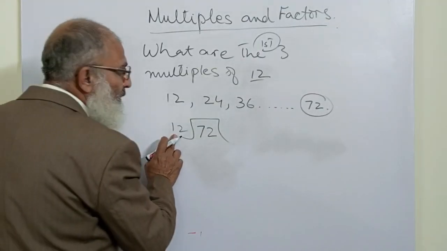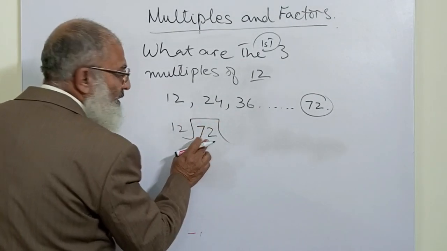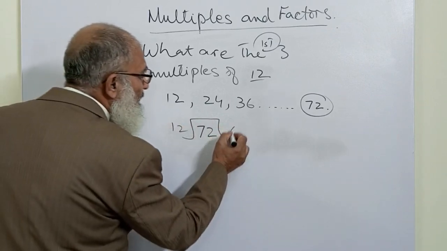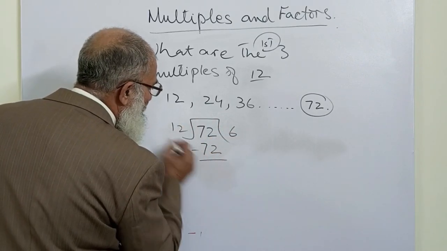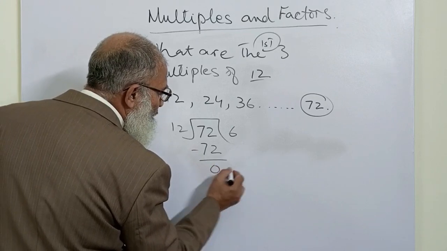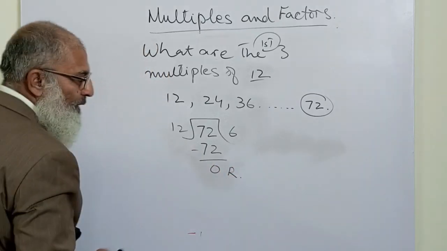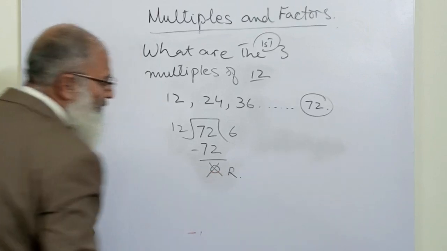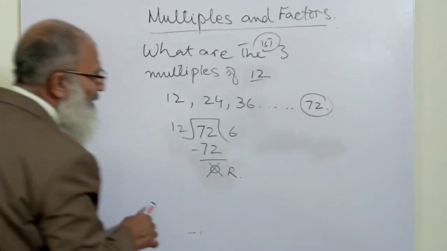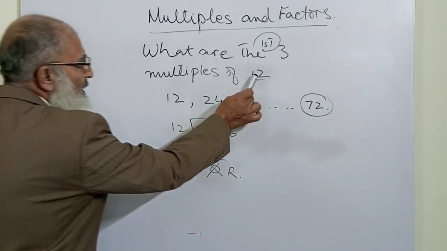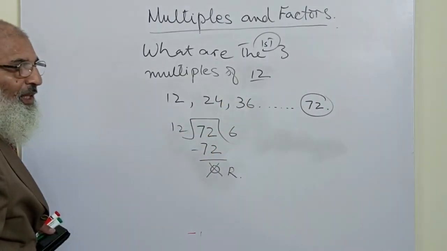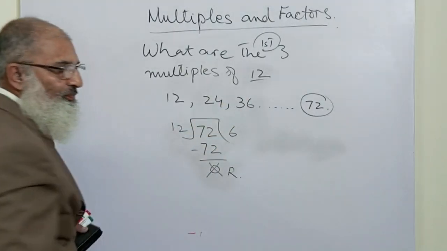Now you see that 72 is wholly divisible by 12, and there is no remainder. No remainder. When this situation occurs, then our given number is a multiple of the number.